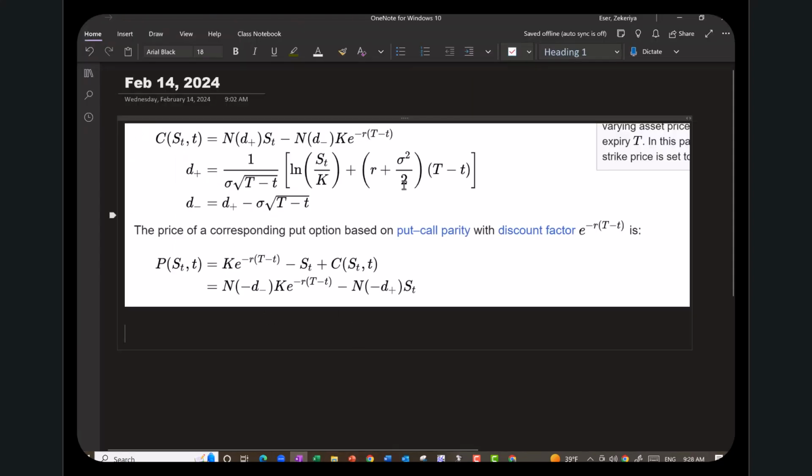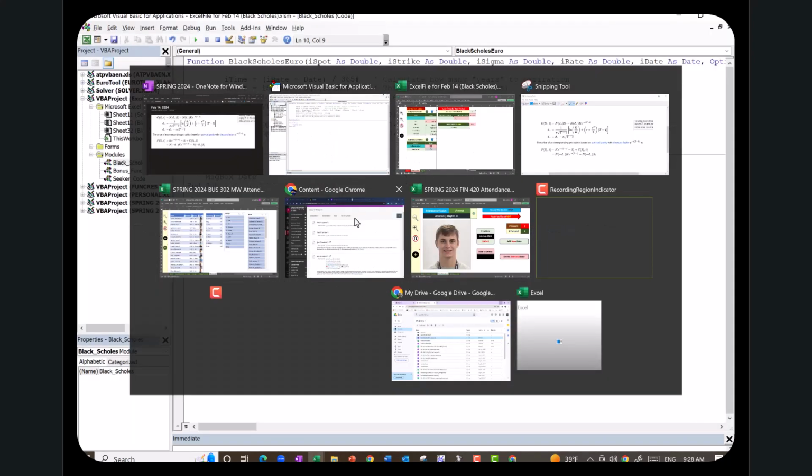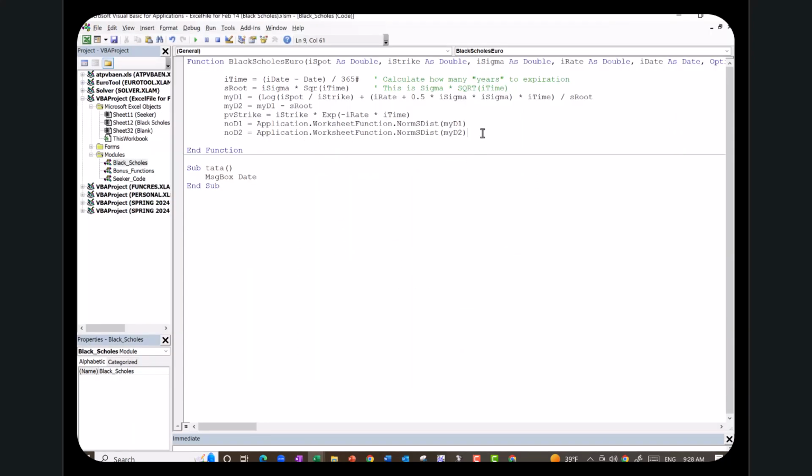So this is N of d1 times spot, minus N of d2 times the present value of strike. So let's do this. If not iPut, then, remember, iPut is an indicator. If it is true, I'm handling a put option.